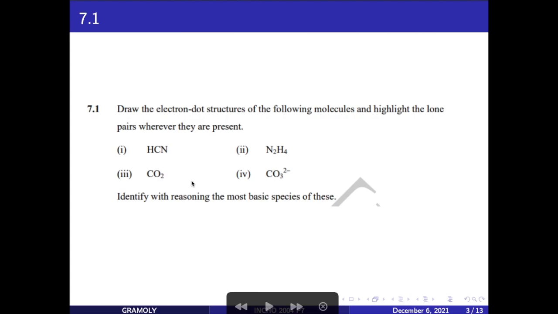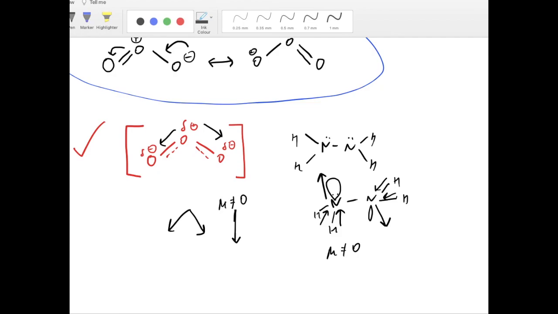Okay, so we'll discuss these two. First, for CO2, since it's pretty easy, CO2 would have a net dipole moment of 0, because these are anti-parallel vectors, and both of the sides are the same atom. So it would cancel out. Mu equals 0.